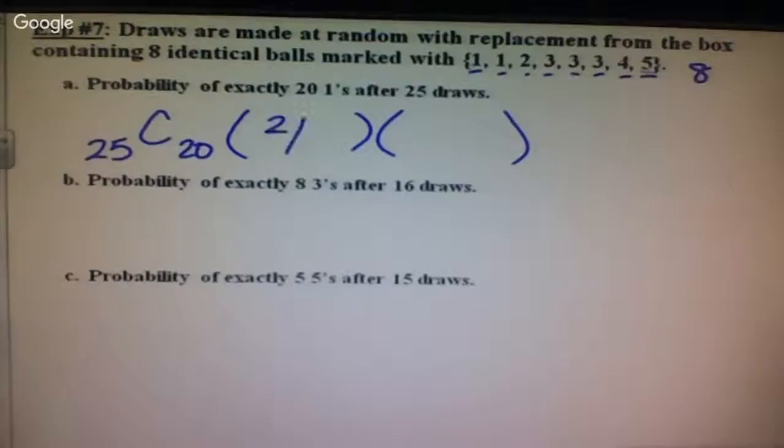So 2 out of 8 is my probability of getting a 1. There are 2 1s out of a total of 8 numbers, which means I have 6 out of 8 that are not 1s. And then 20. I want 20 of them, which means 5 of them need to be not.